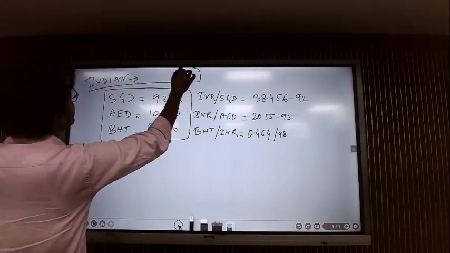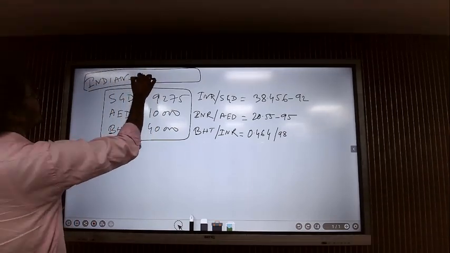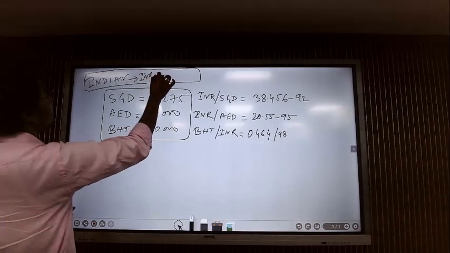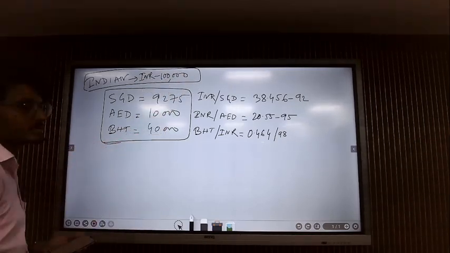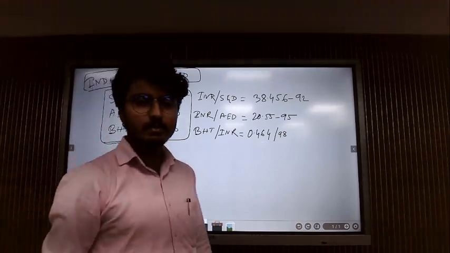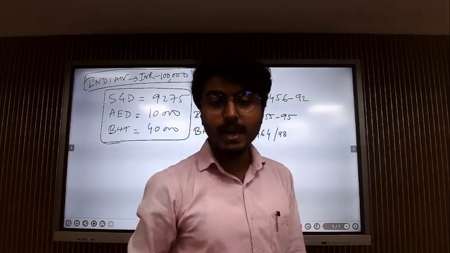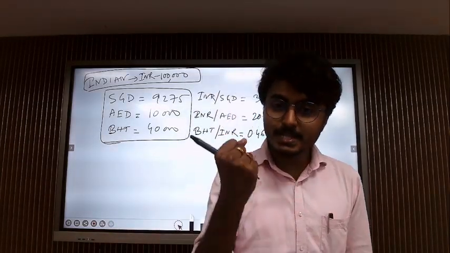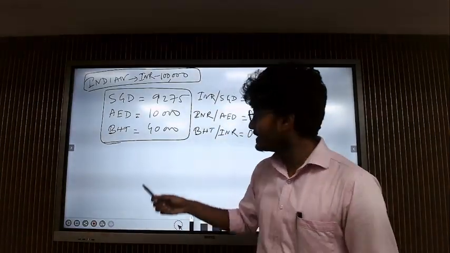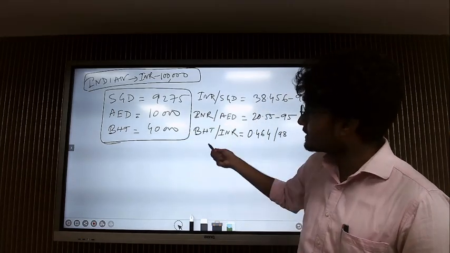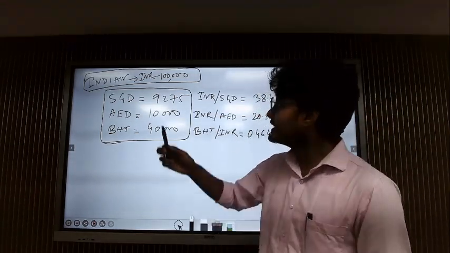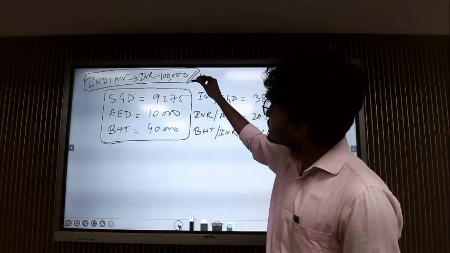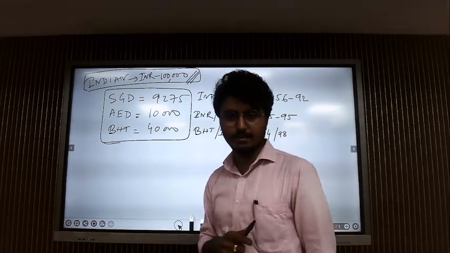So for the Indian person, the budget is 1 lakh. So we have to compute the affordability, the purchasing power, of these three, using these three exchange rates, but with the budget constraint of 1 lakh INR.